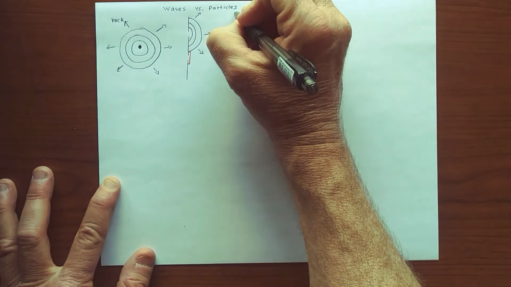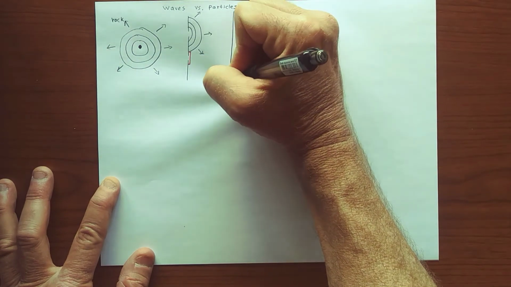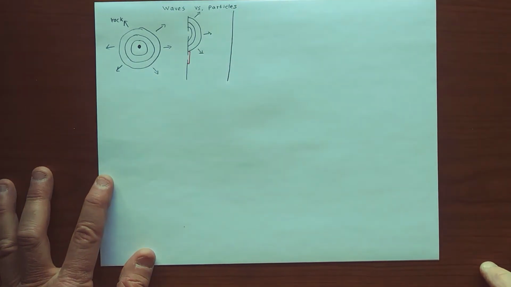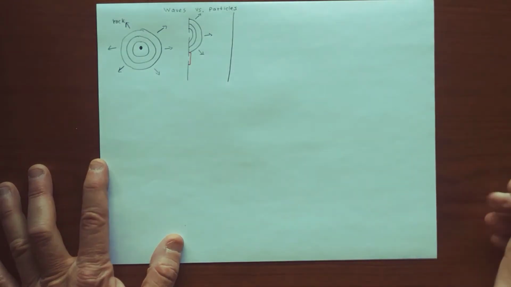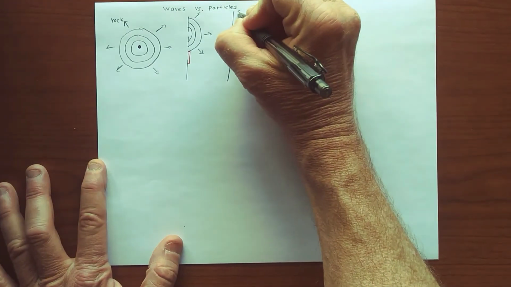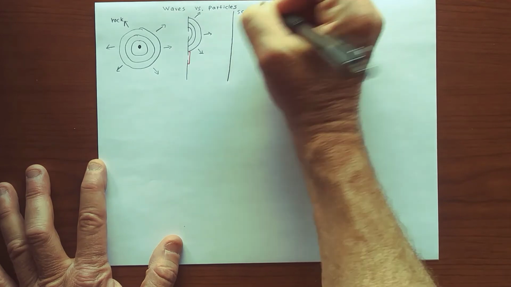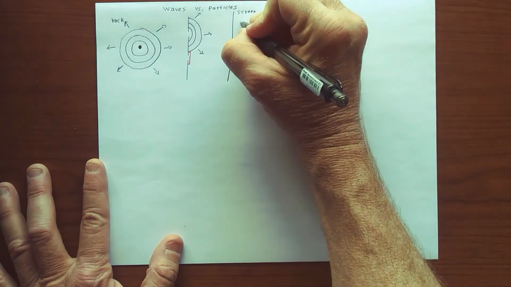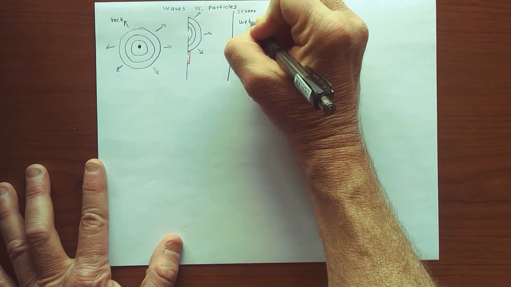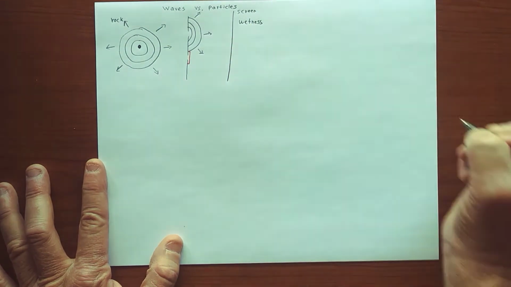And if we stand back here, we will always obviously feel the water. We'll get wet. So this represents sort of a screen where we can detect the amount of water that reaches us. And so we can sort of say, well, what's the degree of wetness? How wet do we get?